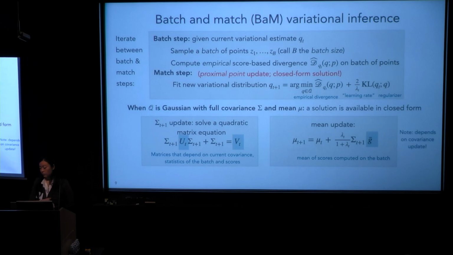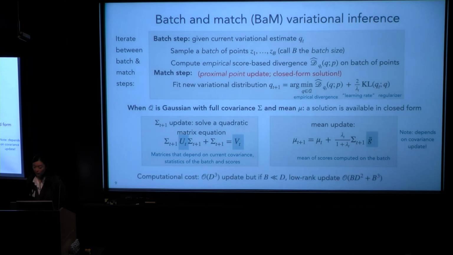So therefore, it's very important to perform the updates in this order. And the computational cost of these updates is naively going to be d cubed. But if the batch size is smaller than the dimension, we can come up with a low-rank update that is essentially making the computational cost d squared.